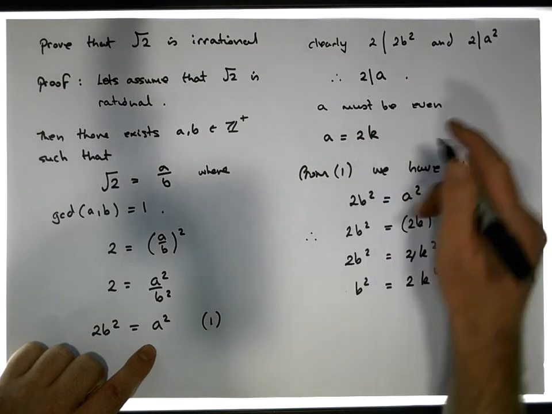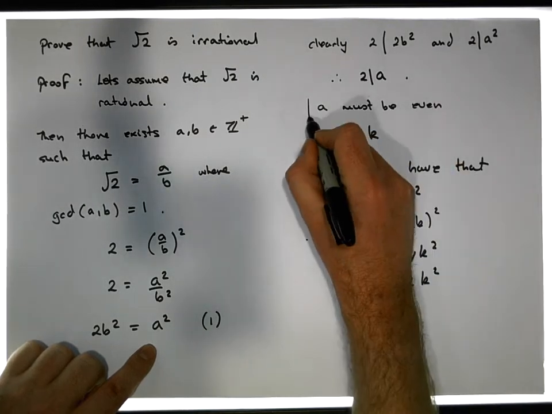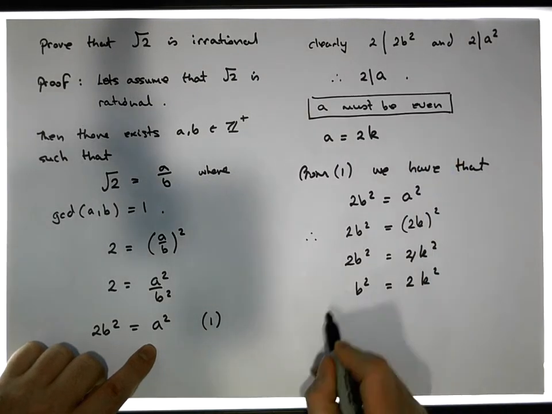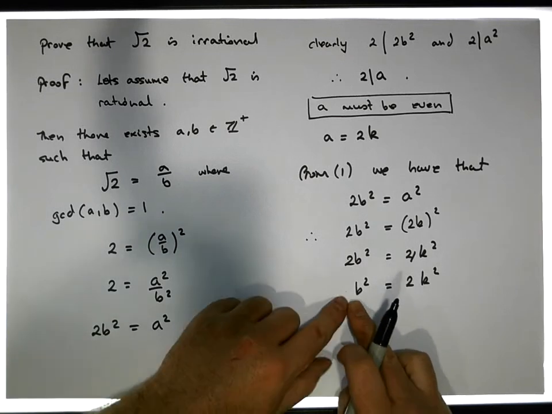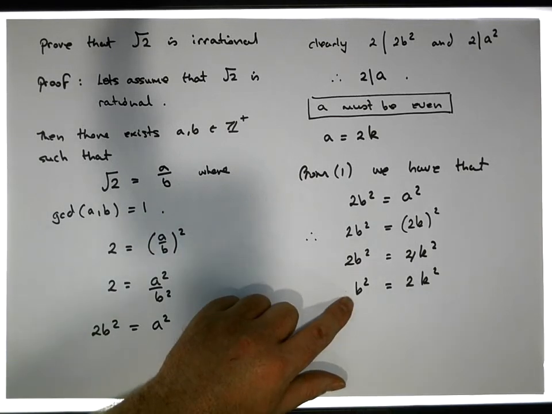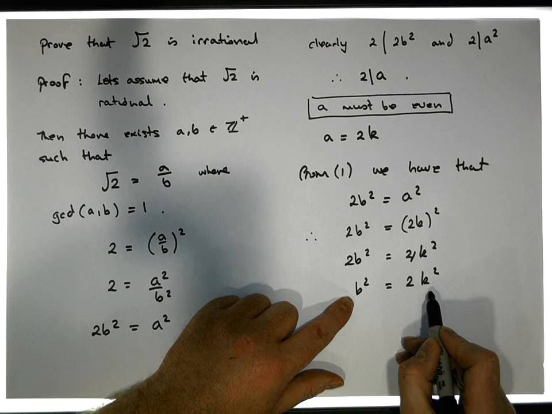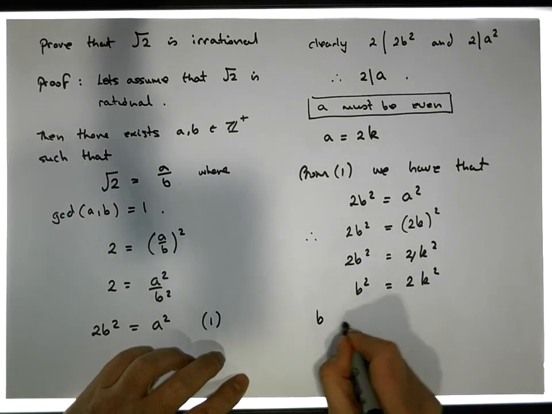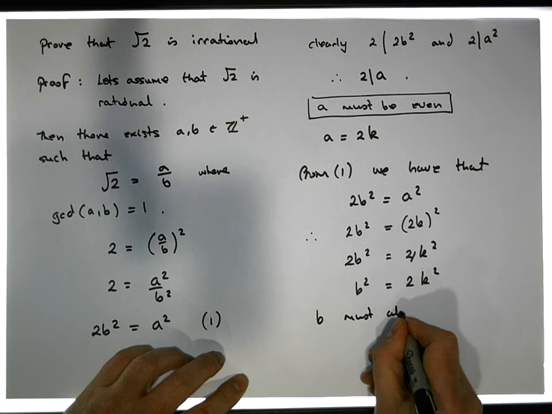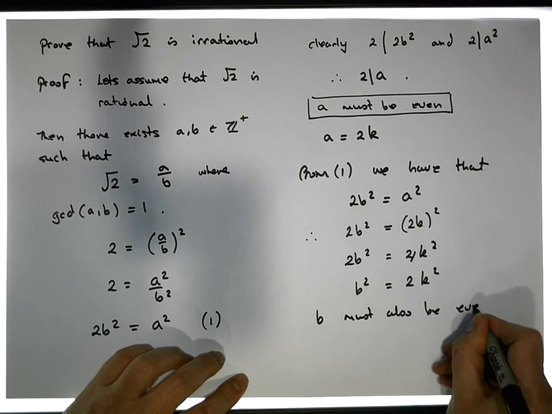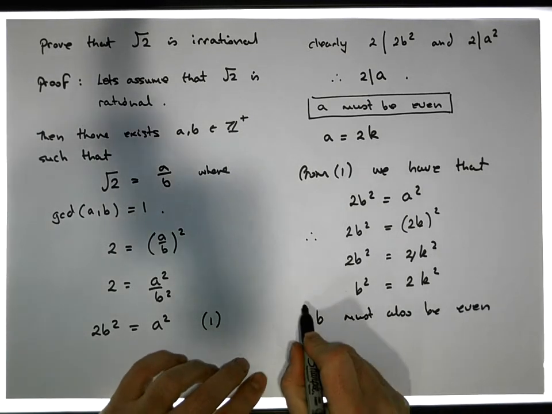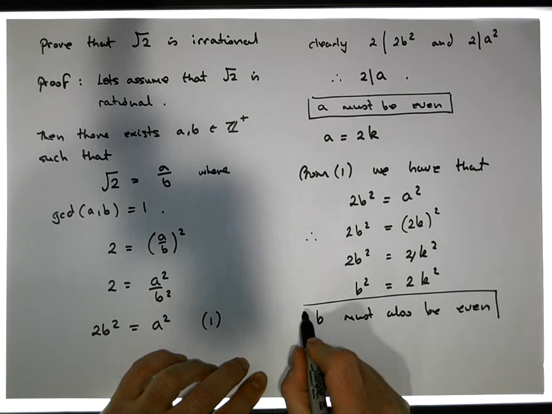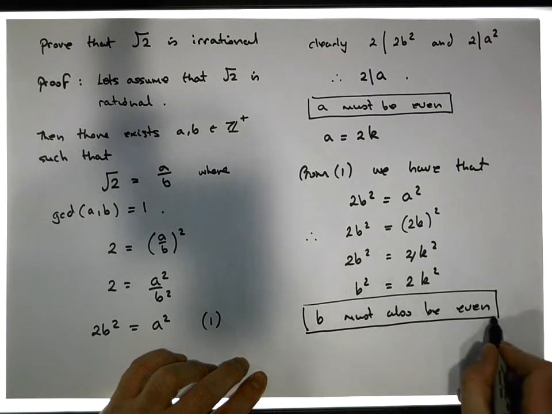So a is even. This is important. But what have we shown here? We've shown that b squared is equal to 2k squared. Therefore, b must also be an even number, because we have b squared is equal to 2k squared.